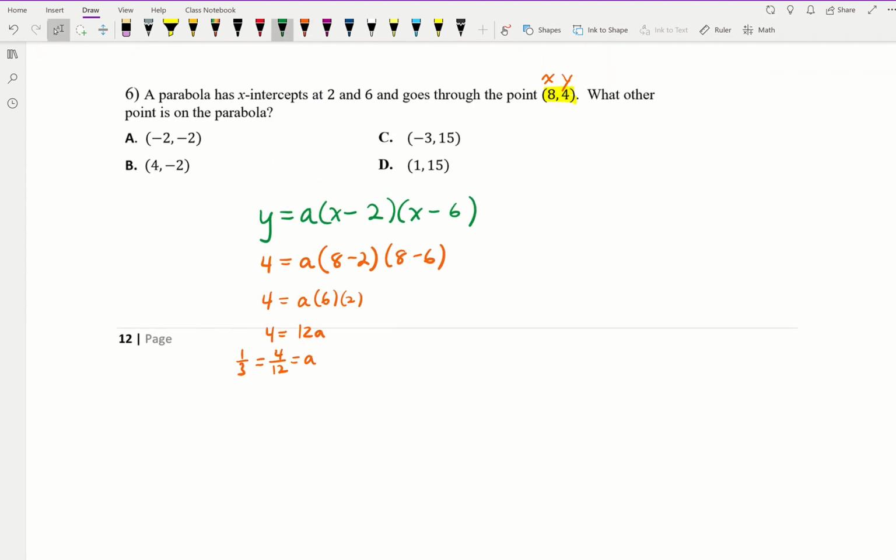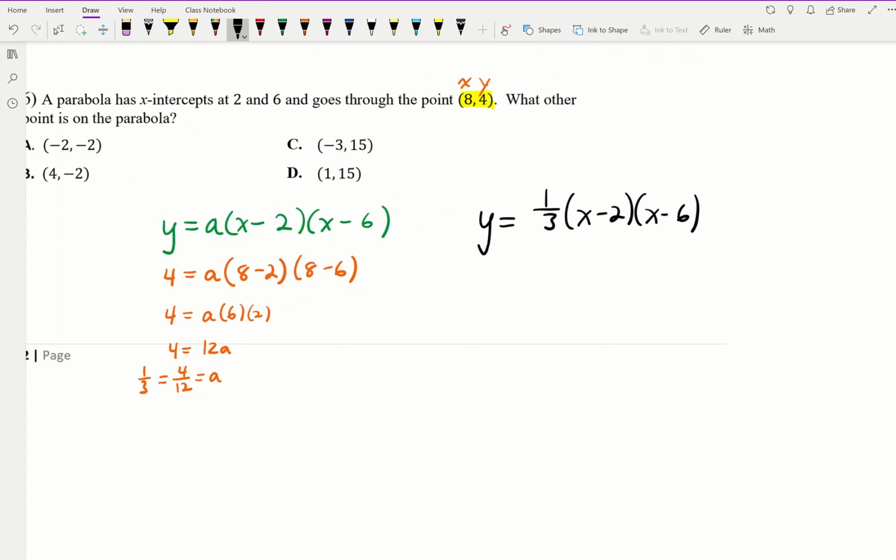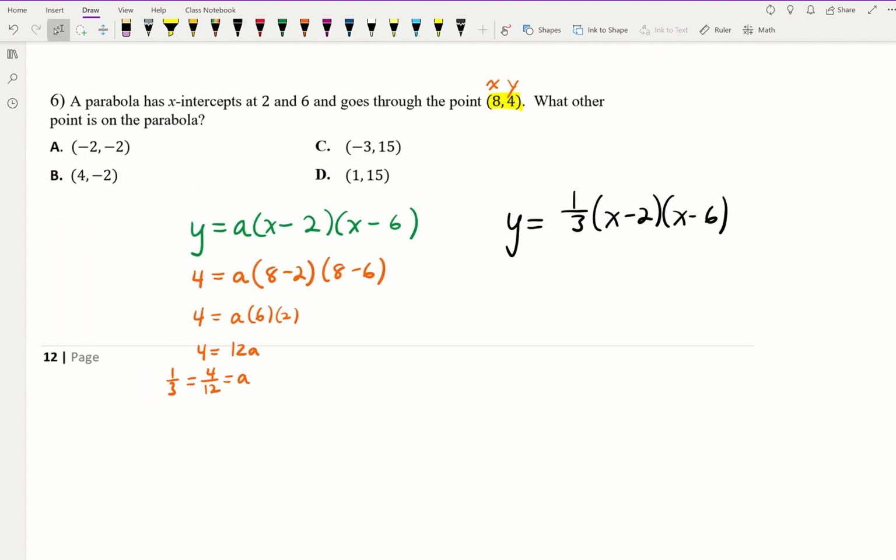So then what that lets me do is realize that the equation for our parabola is actually y equals 1/3 times x minus 2 times x minus 6. Okay. Now I know that's a lot of work already. But we're not done. So then what we're going to need to do is basically plug in each x value into this equation until we find the one that gives us the corresponding y value.